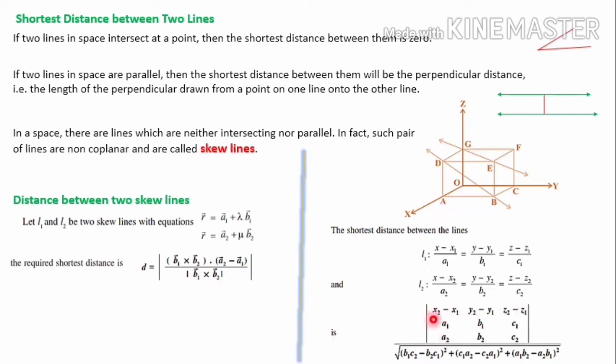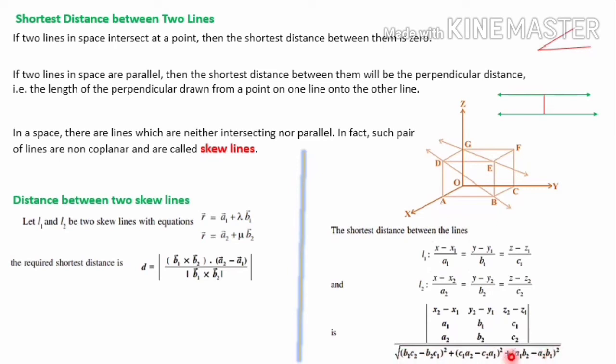So here determinant x2 minus x1, y2 minus y1, z2 minus z1, a1 b1 c1, a2 b2 c2. See this x1 y1 z1, x2 y2 z2, a1 b1 c1, a2 b2 c2, all will get from here. Without mistake you have to identify and write down. Divided by root of b1 c2 minus b2 c1 the whole square plus c1 a2 minus c2 a1 the whole square plus a1 b2 minus a2 b1 the whole square.